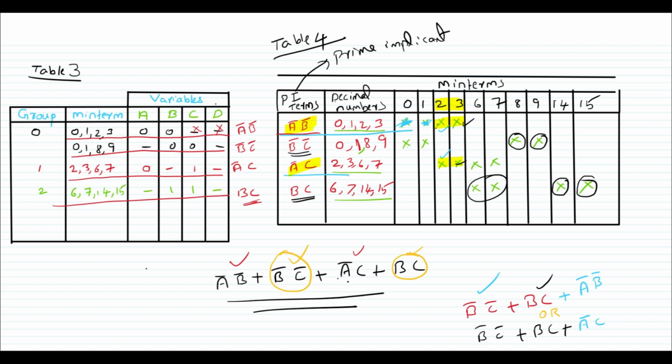So we have two answers: B bar, C bar plus BC, which is essential in all the answers, plus A bar, B bar or plus A bar, C. So in the next class, we will see another example. So it will be clear.